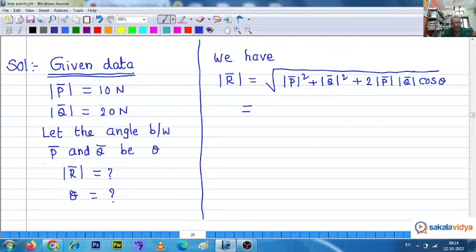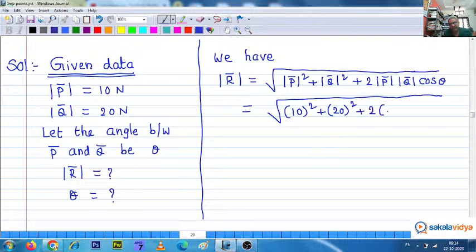Mod P is replaced by 10, mod Q is replaced by 20. So we write root over 10 square plus 20 square plus 2 times 10 times 20 times cos of 30 degrees. Theta is given here as 30 degrees. I hope it is very clear to you.